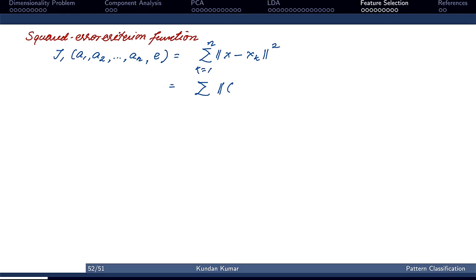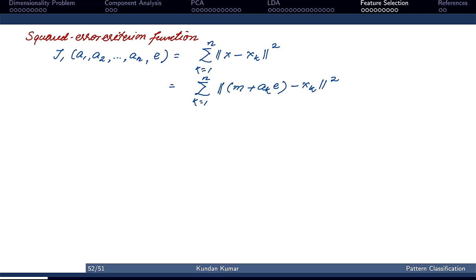So, the summation from k equal to 1 to n of the squared norm of m plus ak e minus xk.